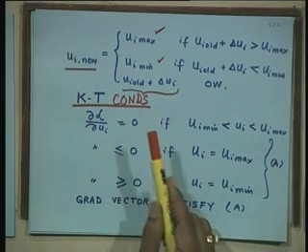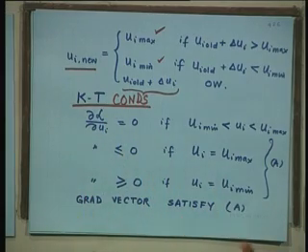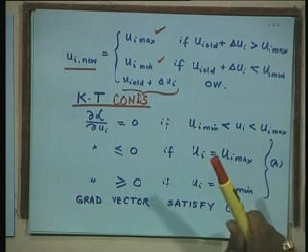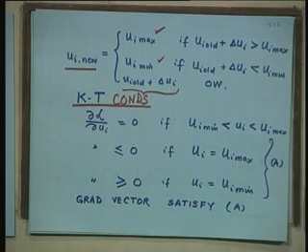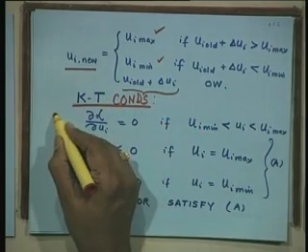So, the necessary conditions are that the first order partial derivatives of the Lagrangian with reference to all the dependent variables should be 0. After that, using those necessary conditions, you write the gradient, which is why I am not repeating the KT conditions here.